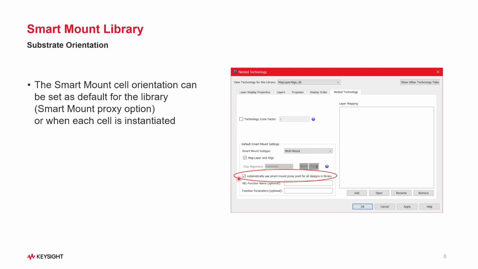There is an option here, automatically use Smart Mount proxy P-cell for all designs in the library, which allows you to define a default for all elements in the library when checked. In this case it will be multi-mount. The other option is to uncheck it and then define the Smart Mount subtype when each cell is instantiated.